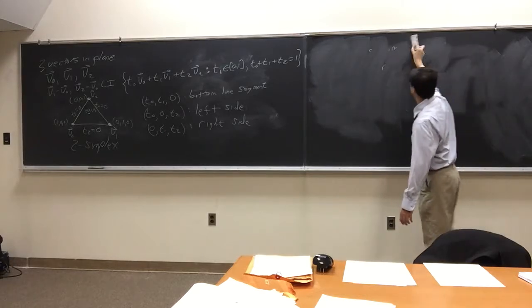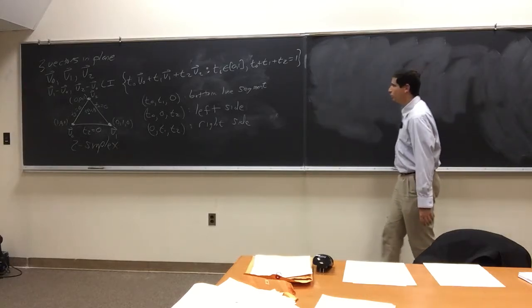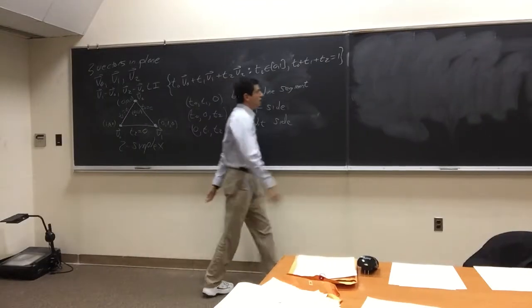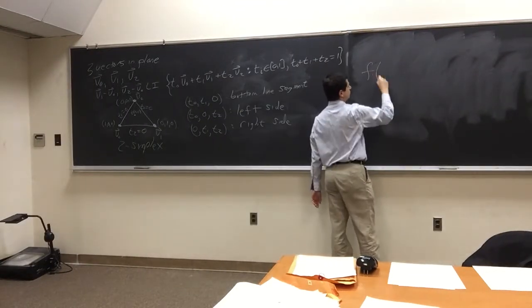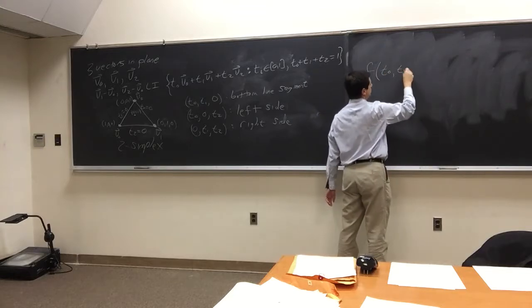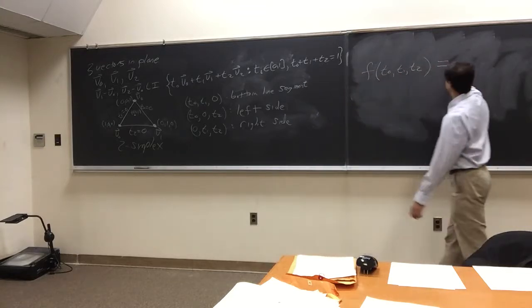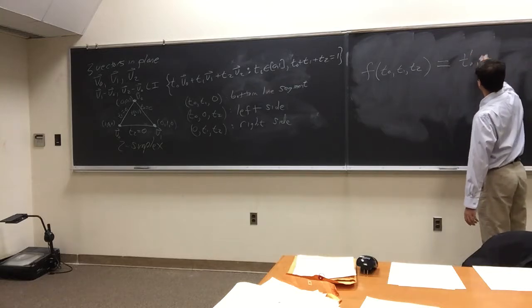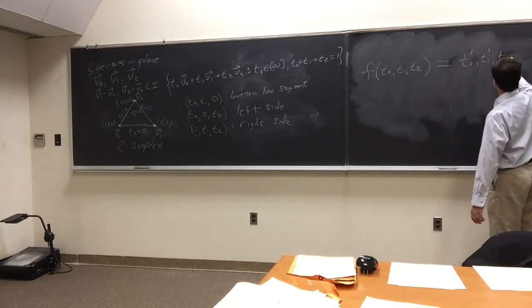So this becomes an interesting way to try to review what we've done before. So let's say we start off, we have a function f at t0, t1, t2, and this is going to give us as an output, let's say, t0 prime, t1 prime, t2 prime.